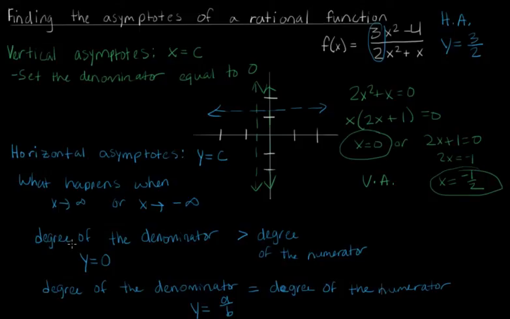So if the degree of the denominator is larger than the degree of the numerator, it's always y equals 0. If the degree of the denominator is equal to the degree of the numerator, then it's y equals a over b, where those are the leading coefficients of the numerator and the denominator. You just take those leading coefficients and that will be your horizontal asymptote.